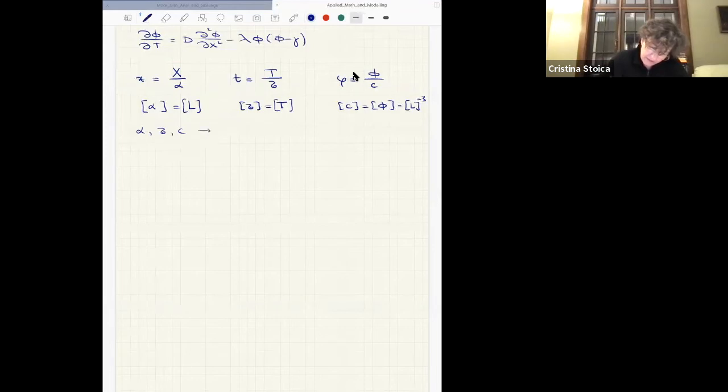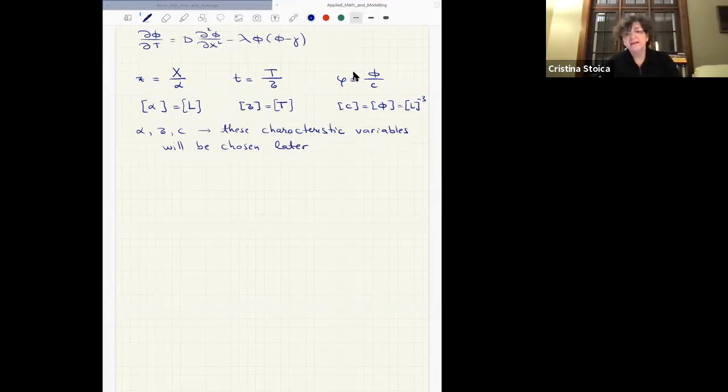These are characteristic variables, and they will be chosen later, in such a way that, as I said, we'll simplify the model.